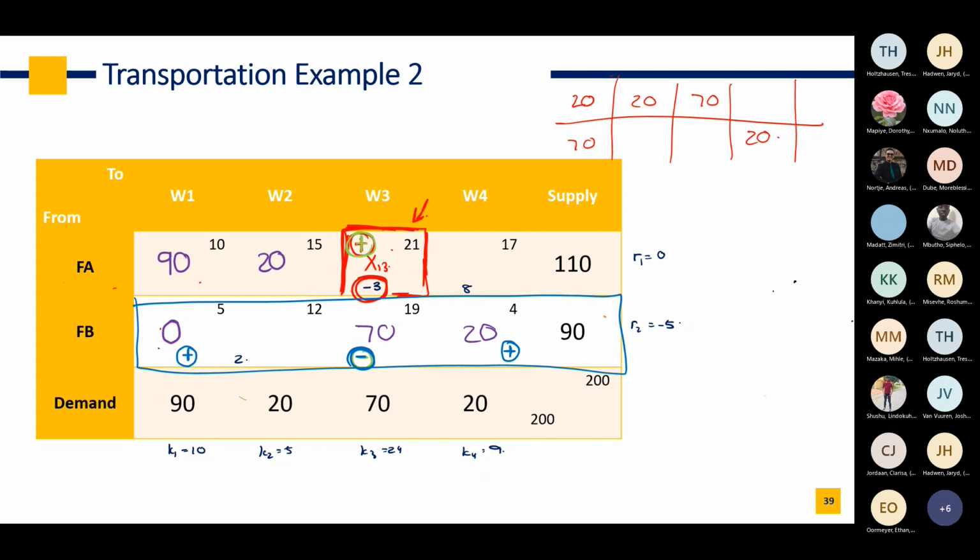So you're like, okay, I have to increase one of them. But you also know that if you increase one of them, it affects that one's column. The easiest way to make that loop system is to go back to x13 and look at that row. So let's also fix that row. We've put a plus on that one there, which means we have to either subtract from this one or this one.